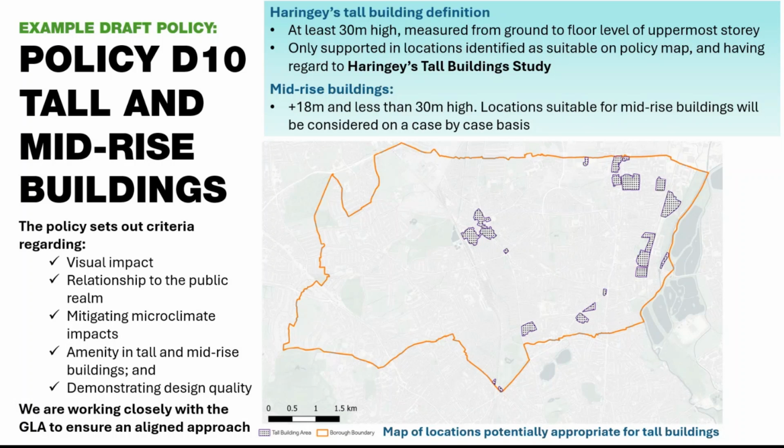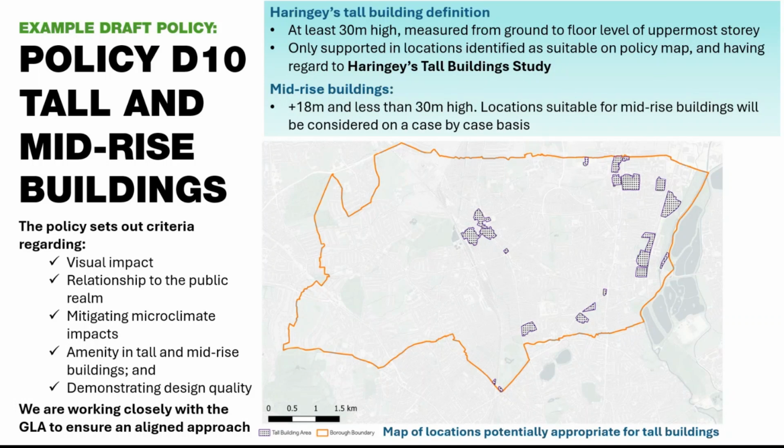Consistent with the London Plan, tall buildings would only be permitted in areas identified as suitable on the policy map. So this is our policy map, and these are at the moment the draft proposed areas identified. We'll be undertaking further evidence.